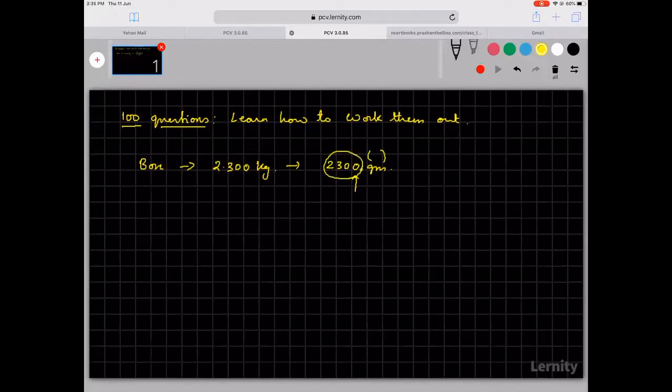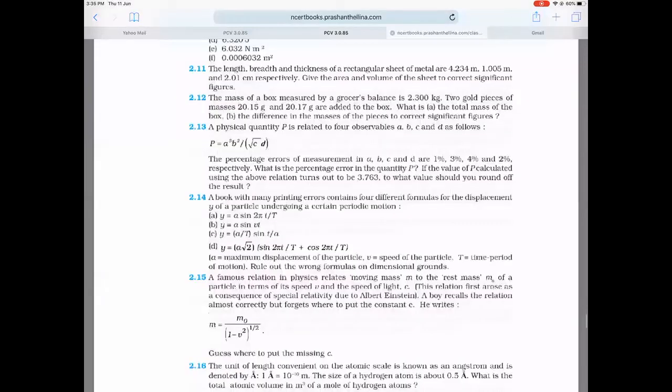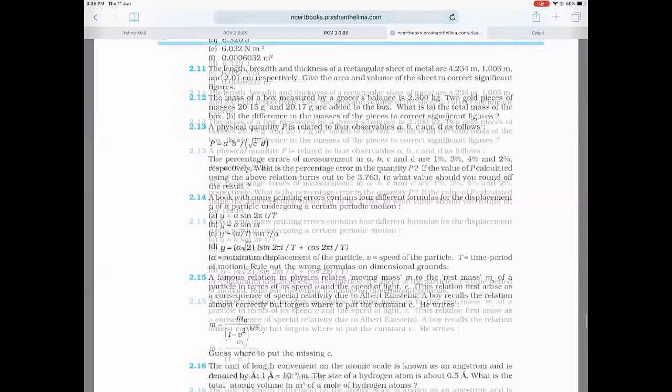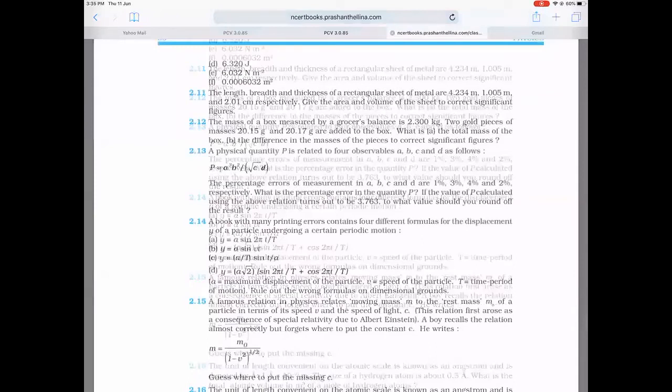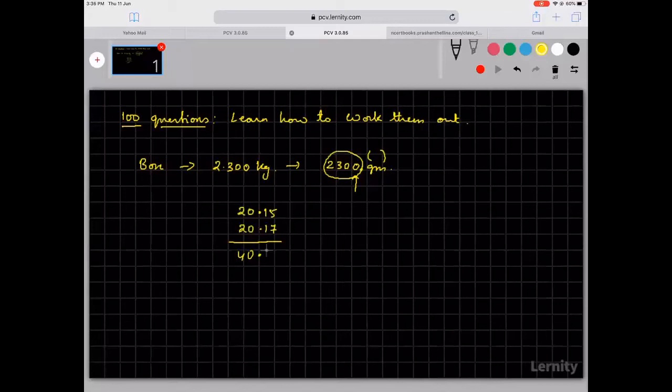Now, the other two data are 20.15 and 20.17. When I add them, it becomes 40.32, and when I add that to this, it becomes 2340.32.